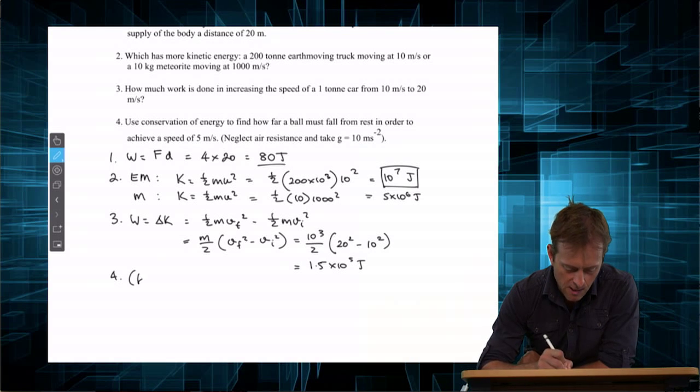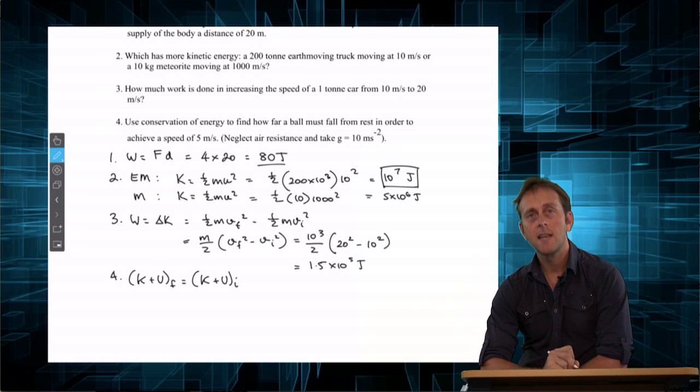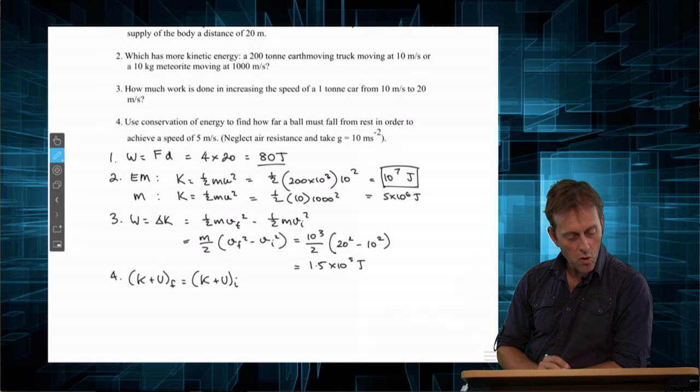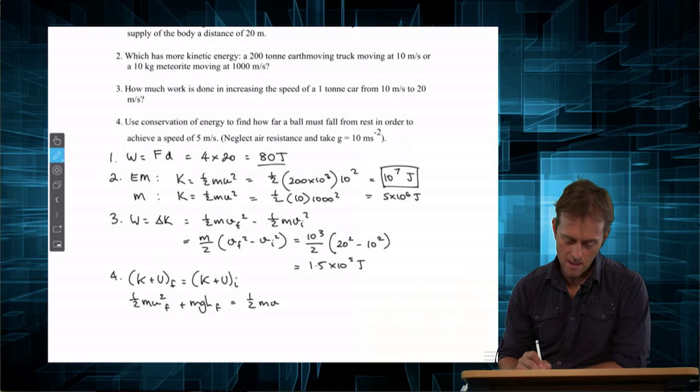So the kinetic energy plus the potential energy final is equal to the kinetic energy plus the potential energy initially. And we can say that because there's no dissipative forces here. There's no air resistance. We've removed it. So we get half m v final squared plus m g h final equals half m v initial squared plus m g h initial.